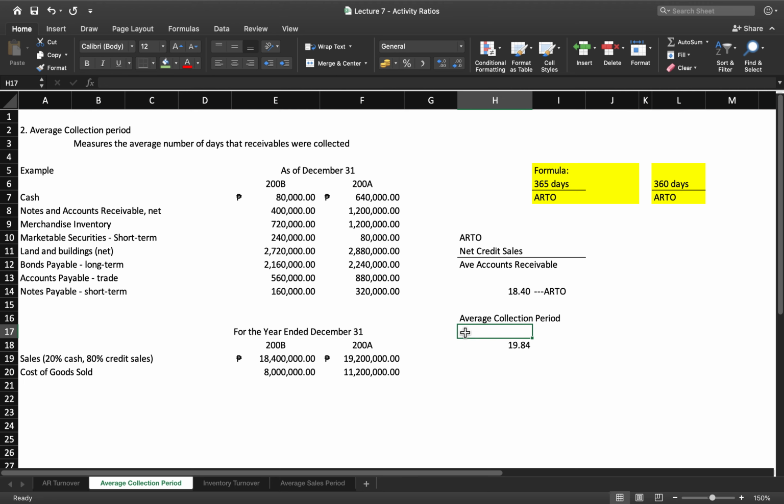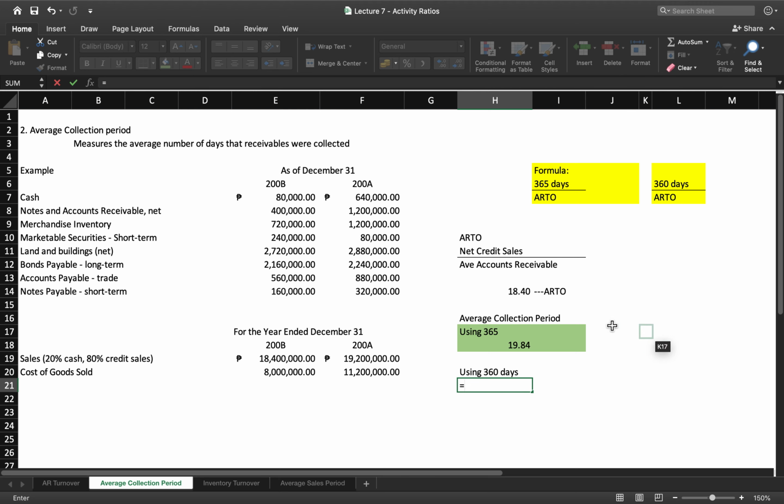So, what about if we use 360 days? So, this is yung 365 days. Ito yung medyo conservative na formula. So, using 360 days, we just use 360 days divided by our accounts receivable turnover, which is 18.40.